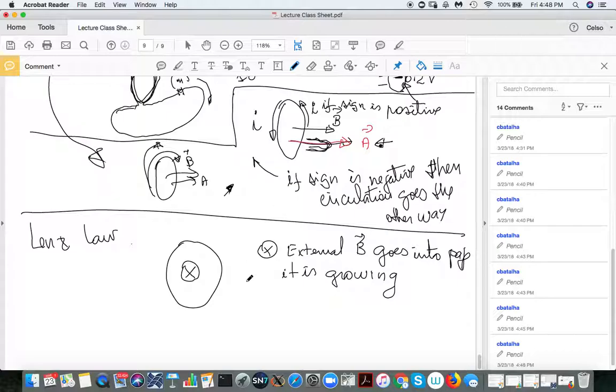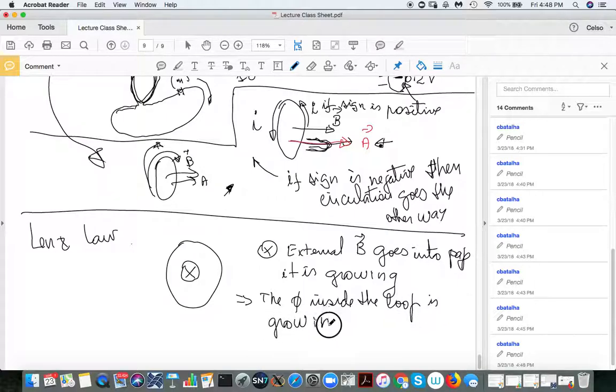So if this is true, it means the magnetic flux inside the loop is growing.